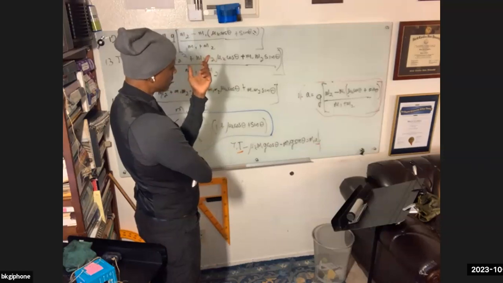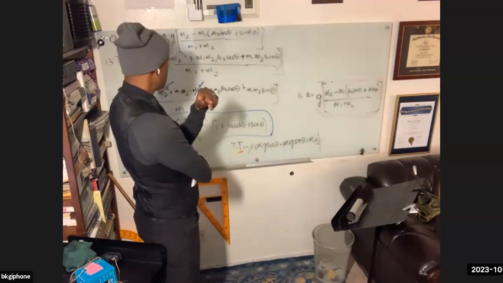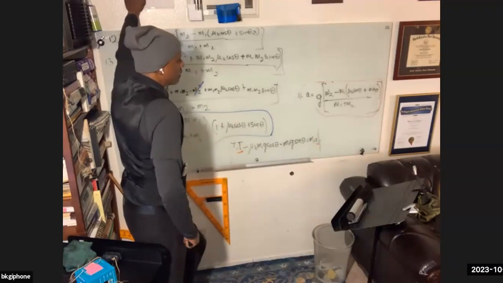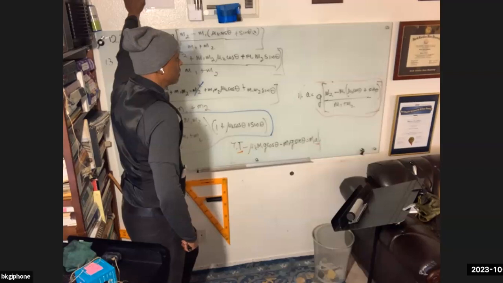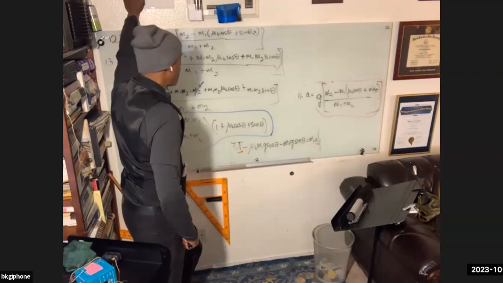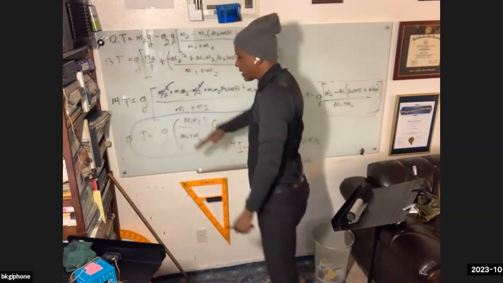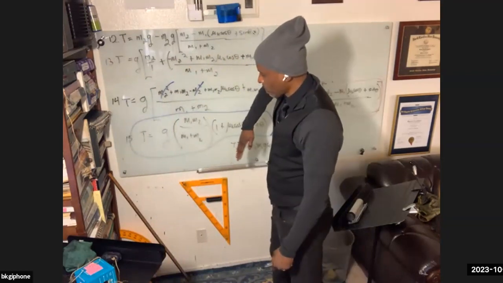I've erased this stuff. I'm second guessing this now. Sine of 90 is, oh, yes, my bad. I didn't go up, I went down.